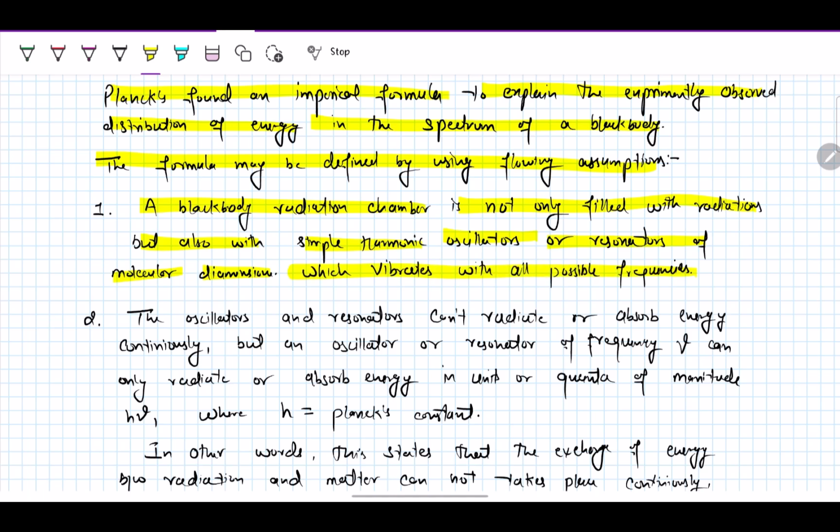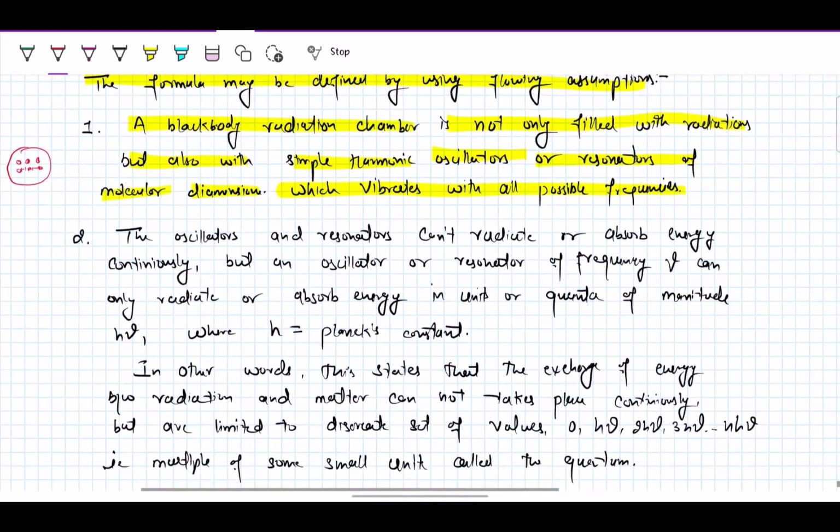but also with simple harmonic oscillators or resonators of molecular dimensions which vibrate with all possible frequencies. Alright, so the first assumption made by Planck is that if this is a black body, it is not only filled with the radiation but also with simple harmonic oscillators of molecular dimensions. It means each and every atom or molecule of this black body will work as a simple harmonic oscillator, right?